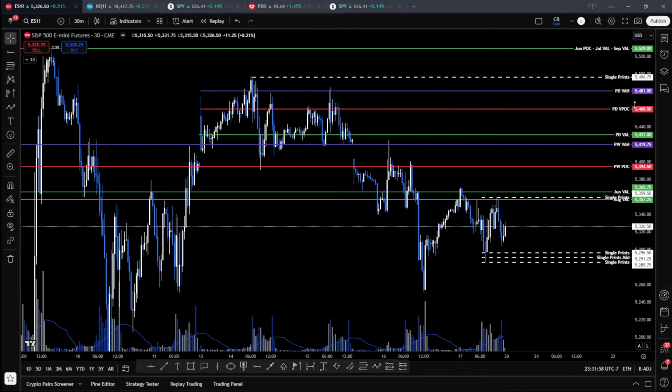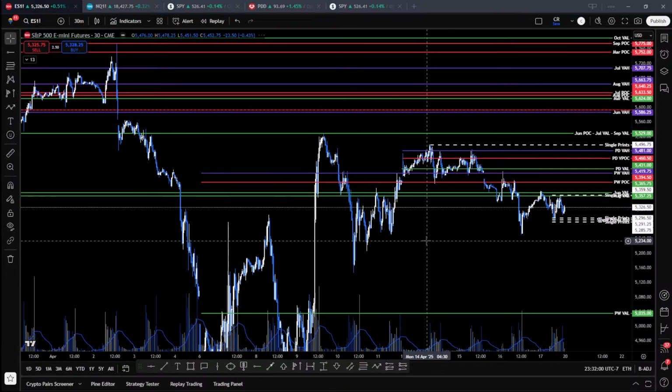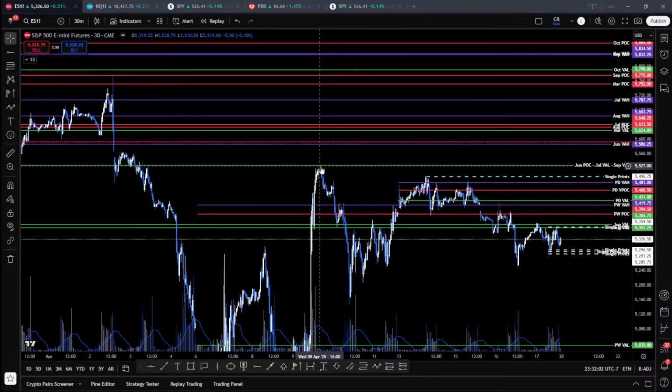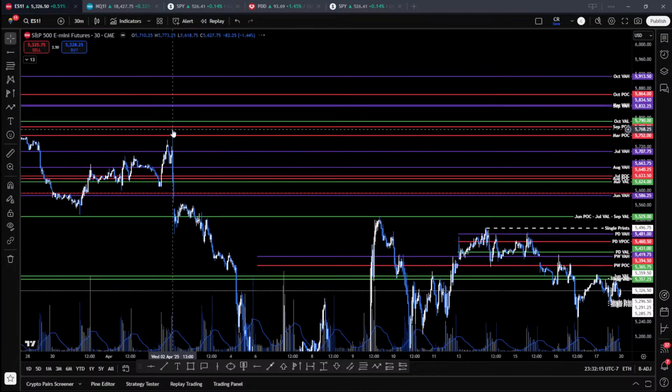And I'll also delete them. So here, this is single prints right here, but this is from back at the beginning of April. And as we get further away, I'll just delete them again to clear up clutter. Even over here, we have single prints that haven't been retested from the beginning of April.